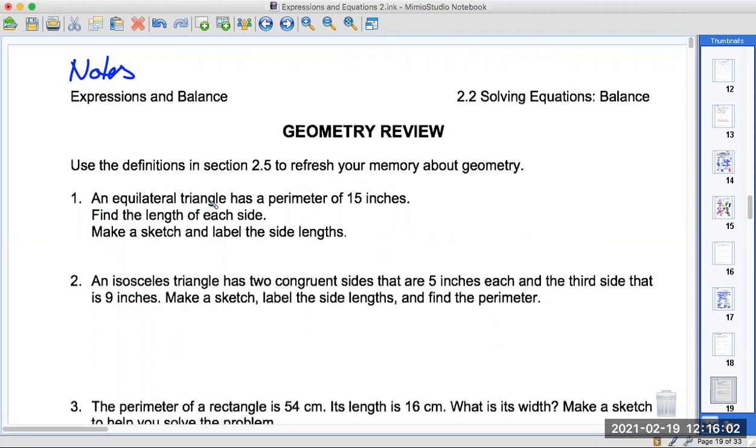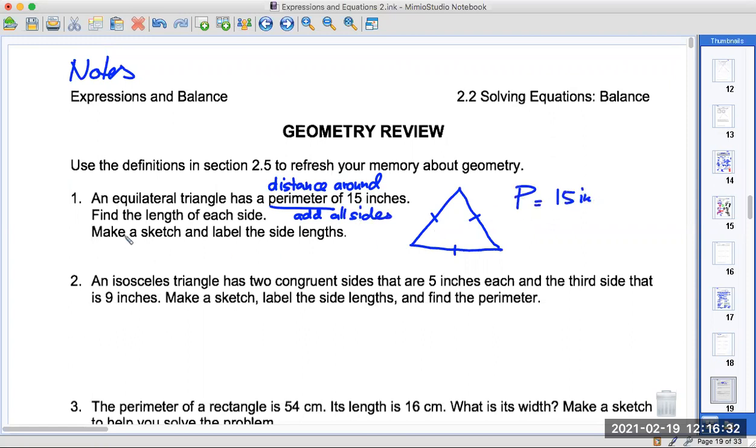An equilateral triangle has all equal sides. And you show that with these tick marks. The perimeter, which is the distance around, or simply add all sides. Perimeter, capital P, is 15 inches.